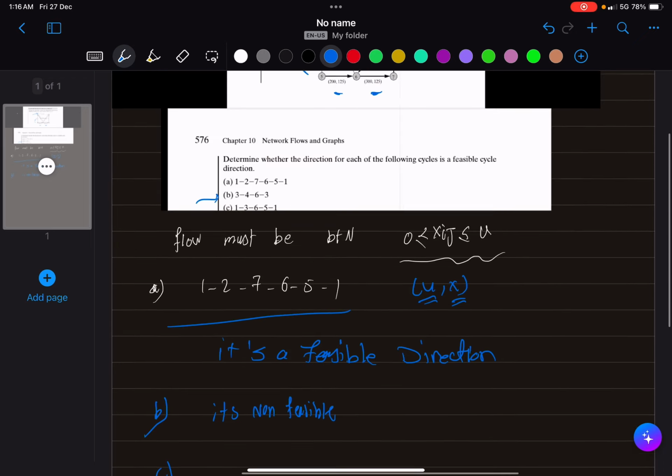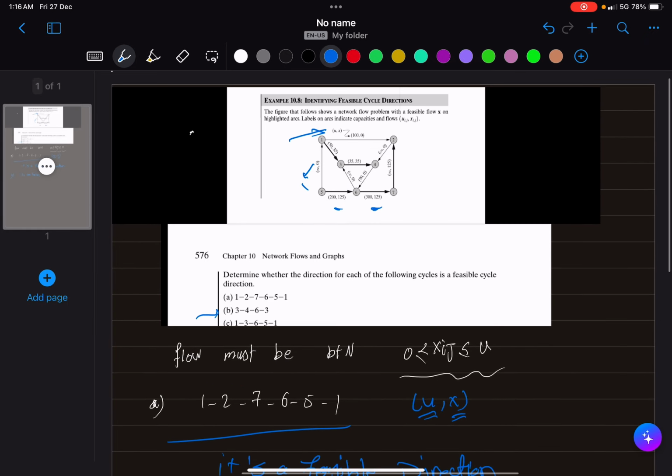C, the cycle 1-3-6-5-1, which is this cycle. When we move 1, 35 becomes 36. Okay, it's this arc.